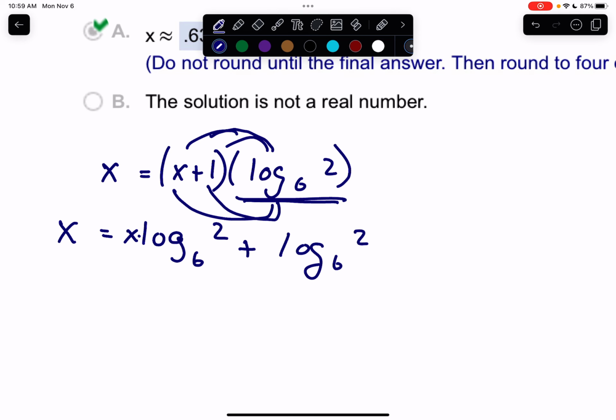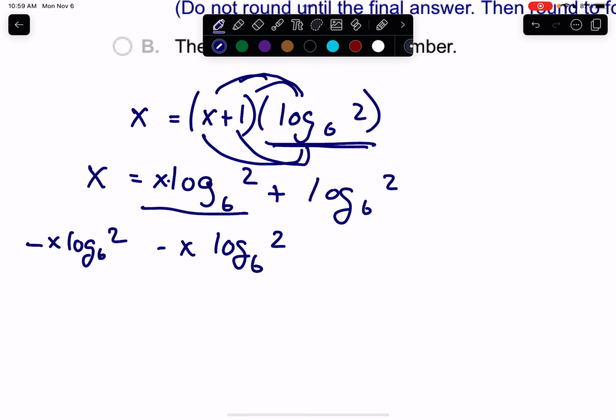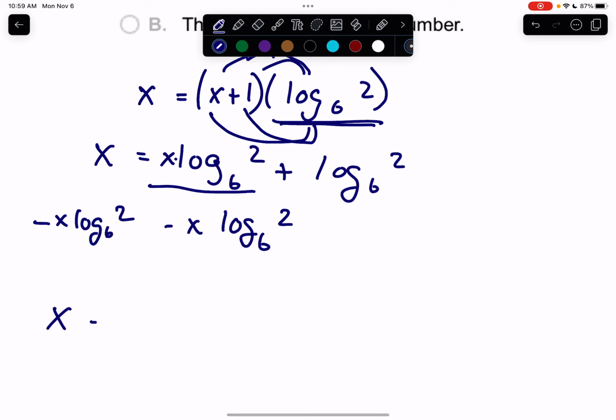Now I would move my x's over, so I'm going to move this over by subtraction. And I wind up with x minus x times log base 6 of 2 equals log base 6 of 2.